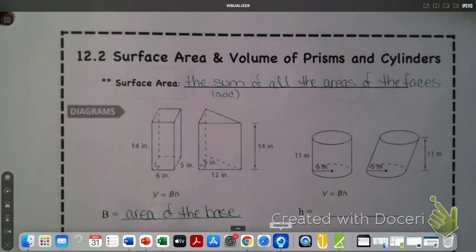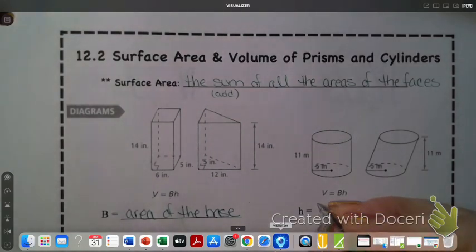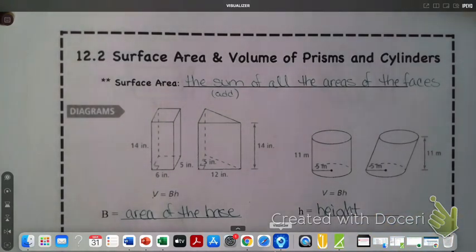Okay. It is the area of the base, and guess what H is? Height. Now, the base is the shape of the object, okay?